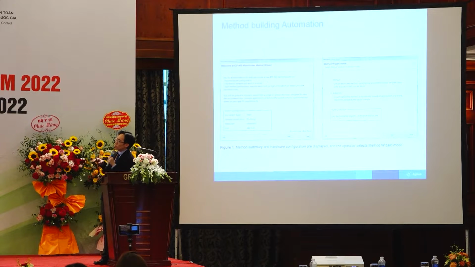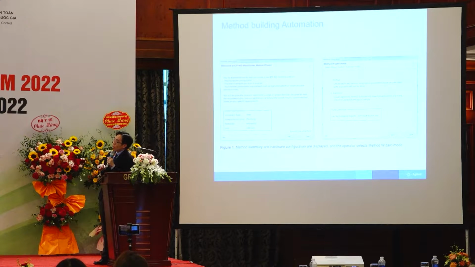These are some of the screenshots from the software. It's what we call a method wizard. Users typically just follow what is suggested in the wizard and go along with it. In the first slide, it checks the configuration of the instrument.